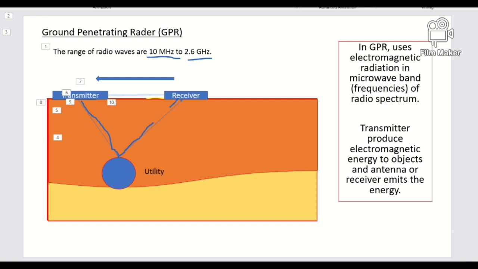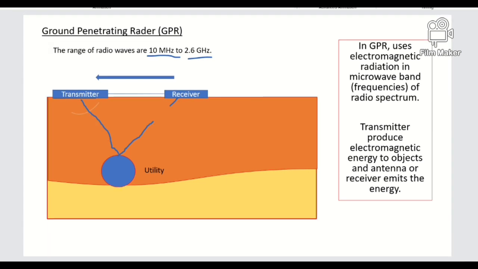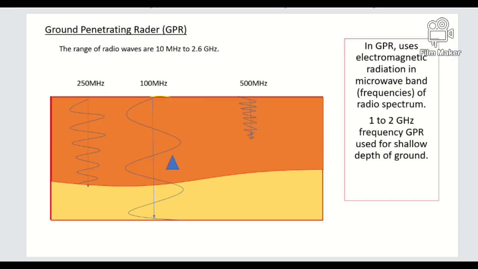So we'll see how the receiver cycles wave frequencies. If you want to investigate a shallow depth, we will use 500 megahertz frequency GPR or greater.